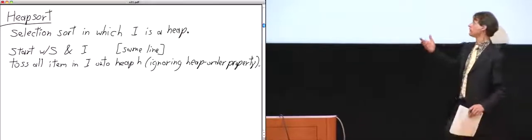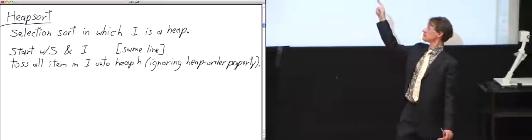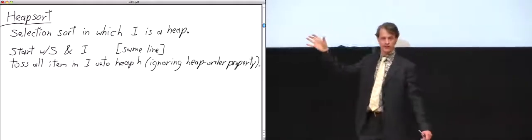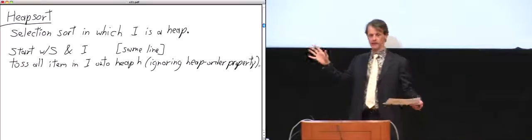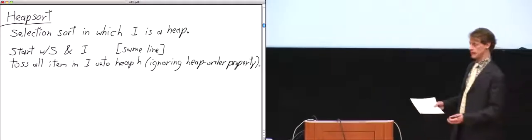So really, if you're using an array-based heap sort and your input is an array, this step doesn't actually do anything. You've just got an array, and now you're calling that array a heap. But it doesn't yet obey the heap order property, so we need to make it obey the heap order property.